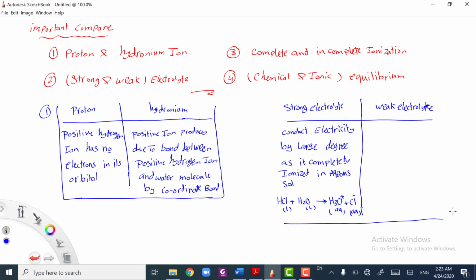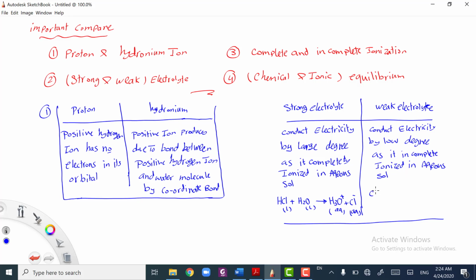The weak electrolyte conducts electricity to a low degree as it is incompletely ionized in aqueous solution. We can replace the words incompletely ionized by saying a small percentage of its molecules are ionized in the aqueous solution.